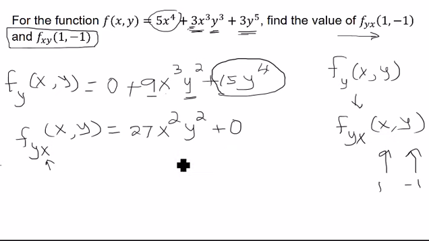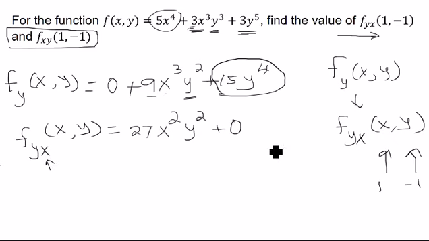Sometimes one variable stays back, sometimes that same variable becomes a 0, depending on whether it's a coefficient or an independent term. And that's the second order partial derivative of this function.